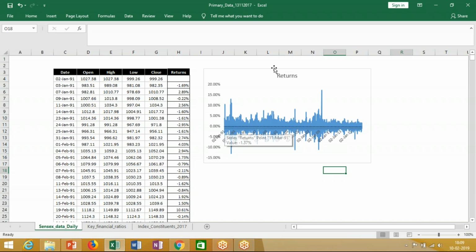Now observe these spikes. So basically, if I want to find out the dynamics of the return variable, I would not only use this mean value. I would also use a value which not only reflects the mean returns but which also reflects the volatility, the fluctuations from the mean returns.